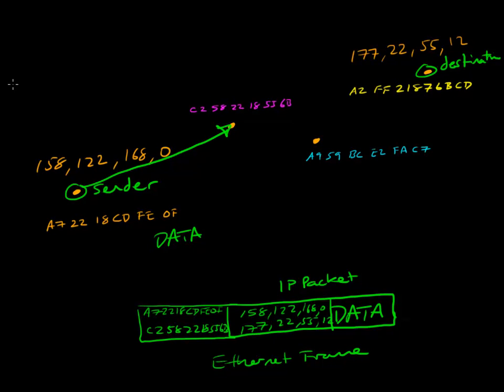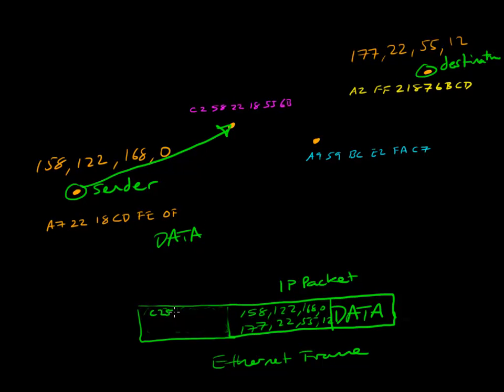Once it reaches the second computer, or it could be a router, then what that router's or that computer's going to do is it's going to get rid of these numbers here because that's no longer the same. And so now it's going to say the message or the packet is at this point here. So it's now going to say that we're going to take this MAC address here, which is C2.